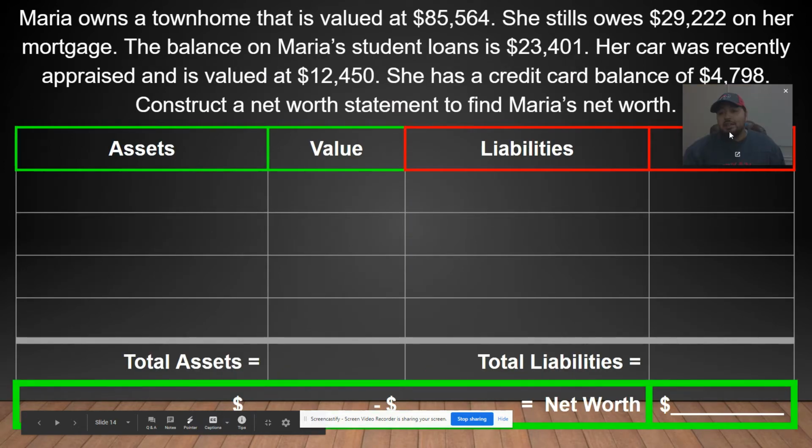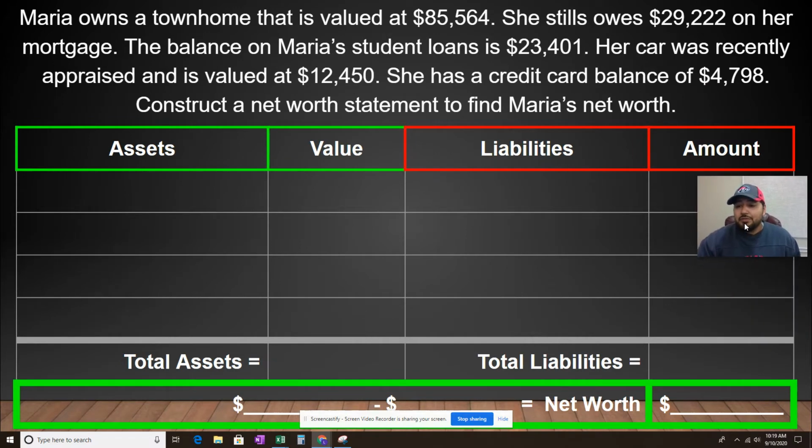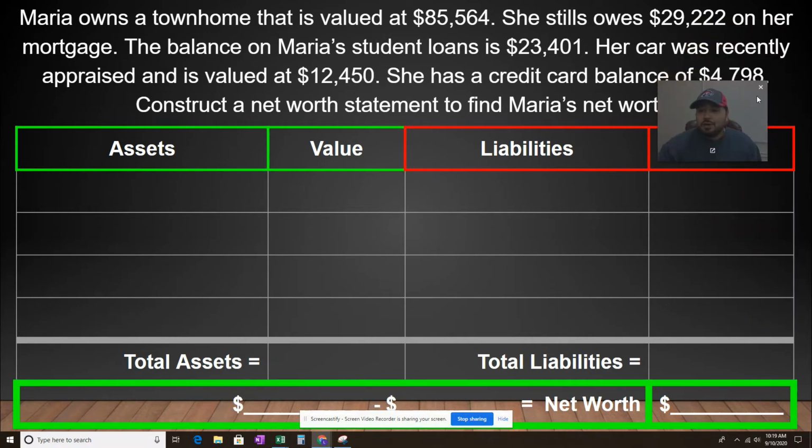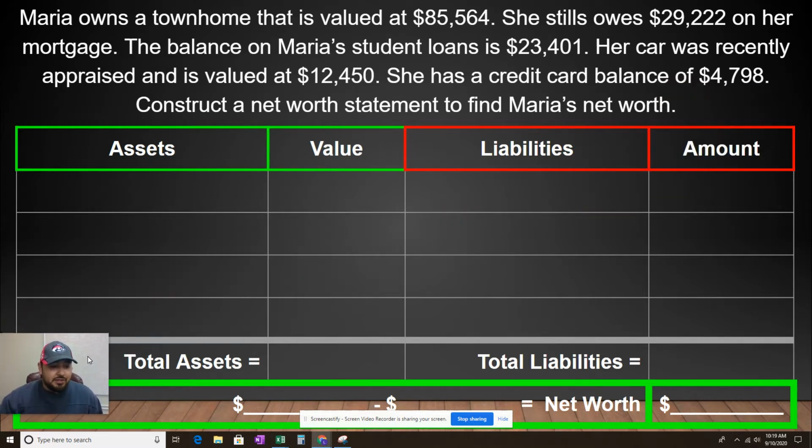Now, here is a sample problem. So Maria owns a townhome that is valued at $85,564. She still owes $29,222 on her mortgage.